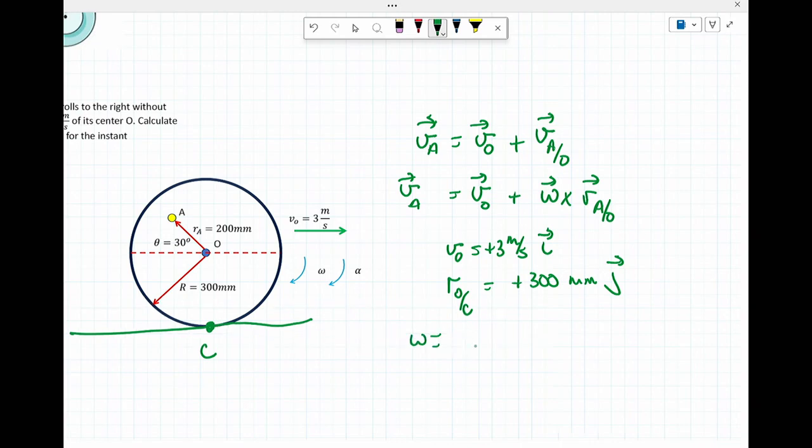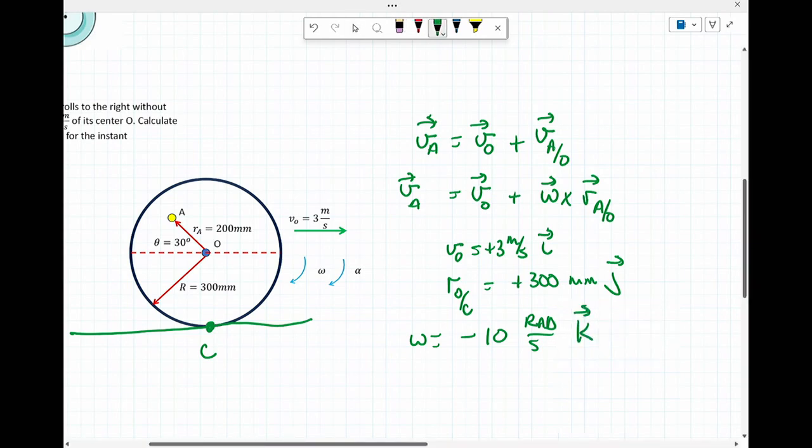Omega is going to be equal to minus 10 radians per second in the k direction.